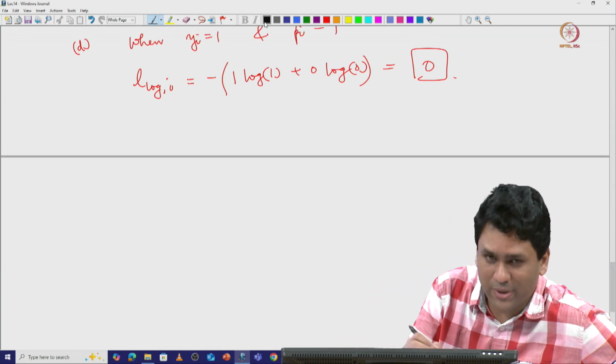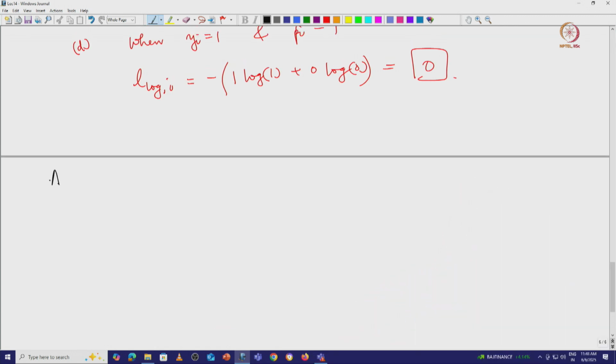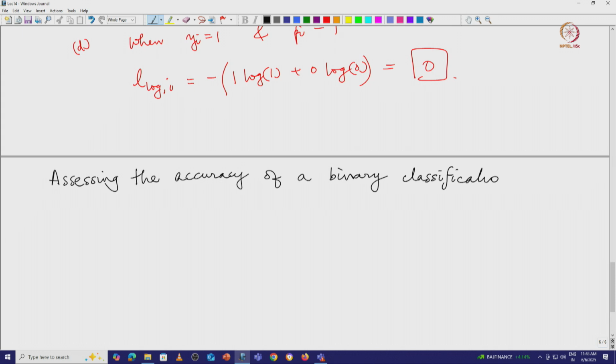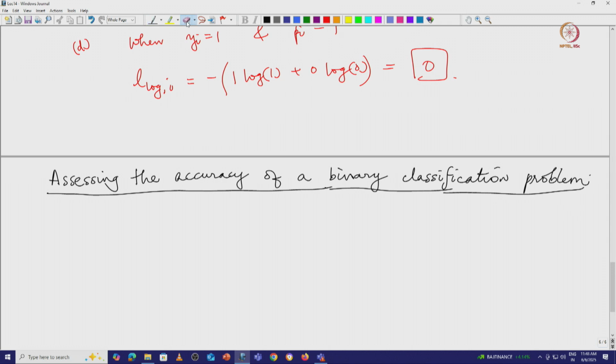So the topic is assessing the accuracy of a binary classification problem, or a binary classification model I should say.